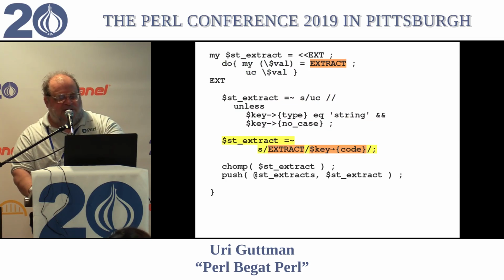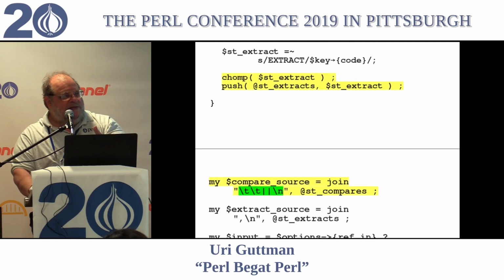And then I substitute the word extract for the actual key to get the code. This stupid thing should be a regular dash greater than, but Impress converted it for me, and I didn't see that one. See, the ones above it are correct. I kept doing that. I couldn't figure out why. Okay. And now I just chomp that last one to make it look pretty, getting rid of the new line at the end, and I store all the extracts. So basically we're looping, building up compare codes and extract codes in 2 arrays.